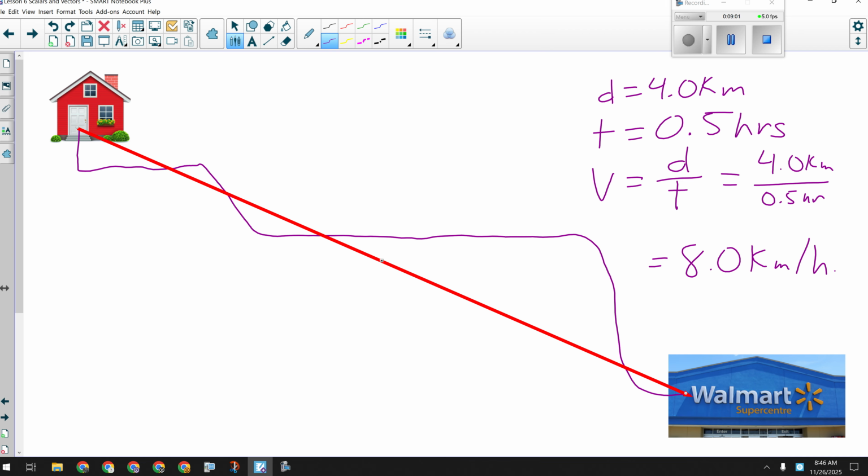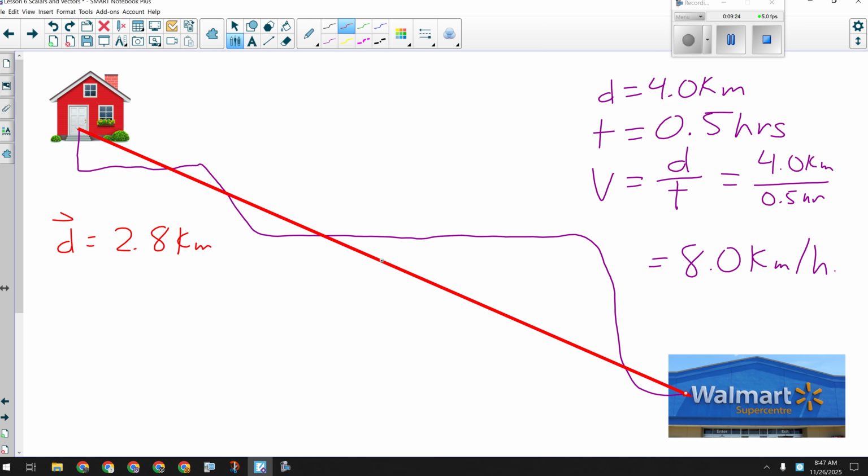The vector description is this red line. Let's say that that red line, which would represent your change in position, your displacement, is 2.8 kilometers.